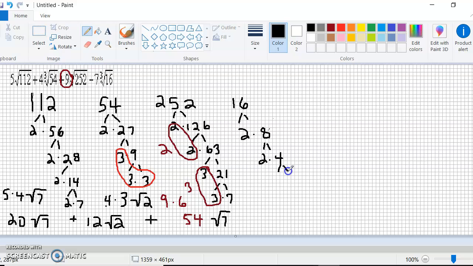And I can go ahead and break this down into 2 times 2. So I have 2 times 2 times 2 times 2 is 4 times 2 is 8 times 2 is 16. The square root of 16 is 4. Okay, so basically what I have here, oh sorry, this is cube root. So I looked at it wrong. So this is a cube root here.